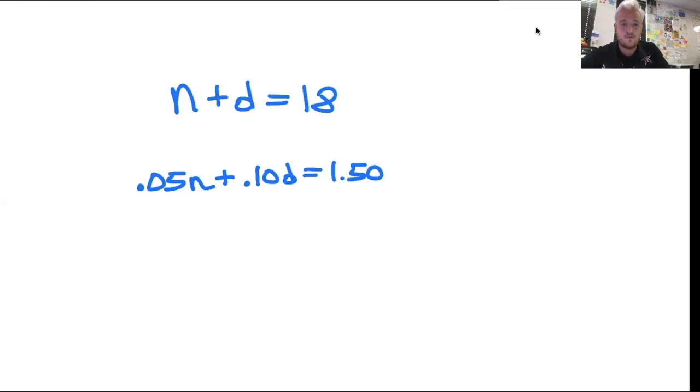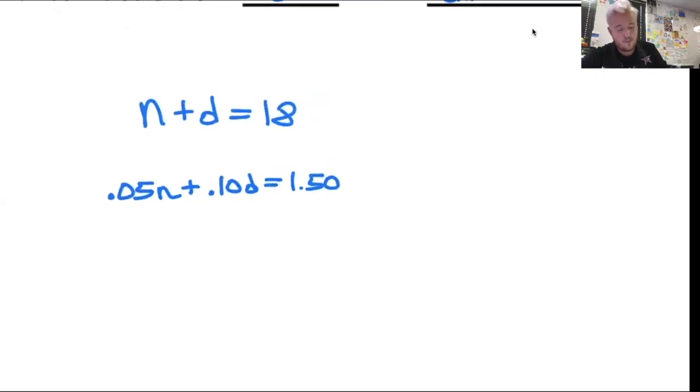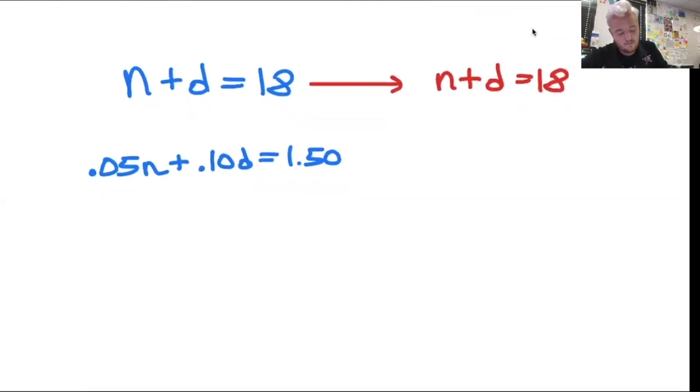Based on the setup here, I'm going to do substitution again. If you want to do elimination, go for it. So N plus D equals 18. I'm going to solve for dimes, so I'm going to subtract N. Dimes equals 18 minus N, which is my nickels.